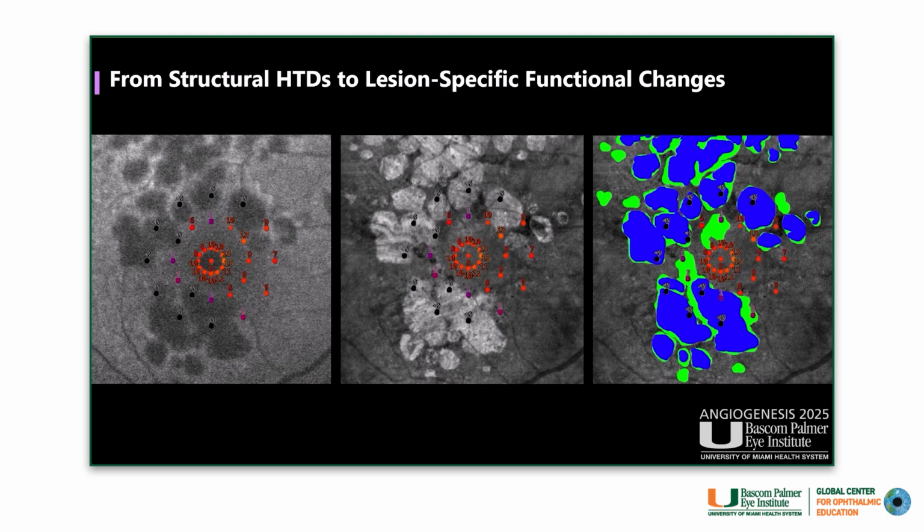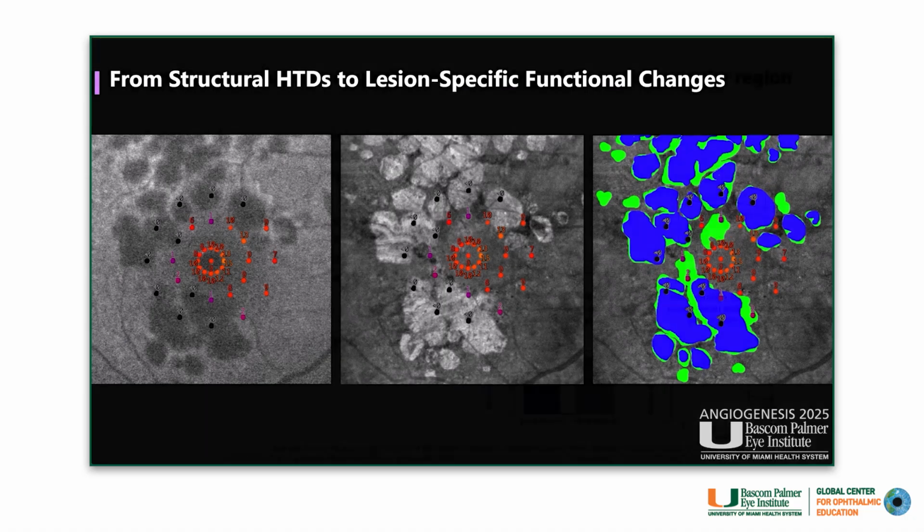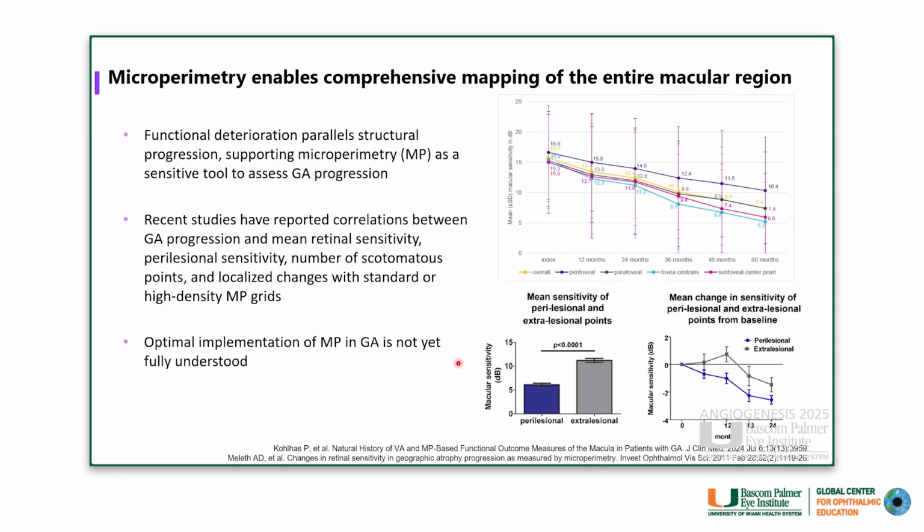Moving on. So far, I have focused on the structural characterization of HTDs without GA using en face OCT and fundus autofluorescence. Based on these findings, we further assessed functional changes using microperimetry. Although microperimetry allows for comprehensive mapping of the entire macular region, the optimal implementation of microperimetry in geographic atrophy is not yet fully understood.